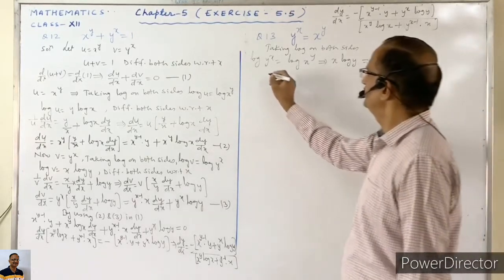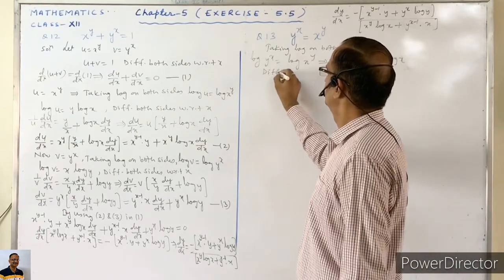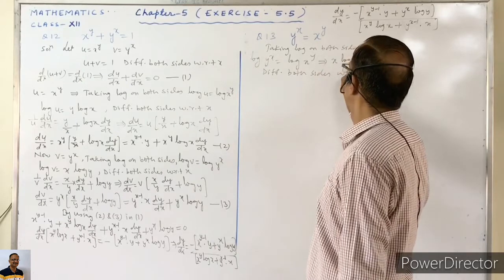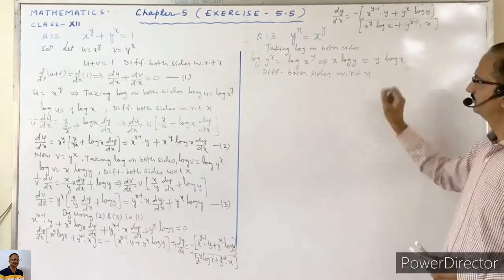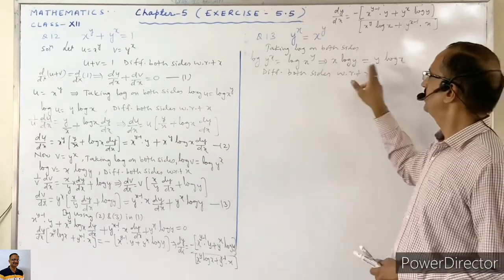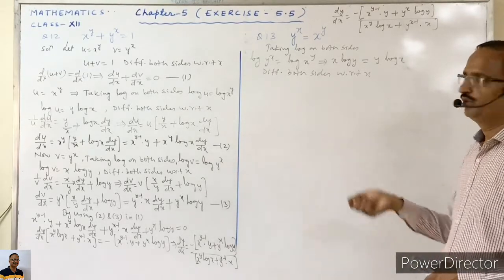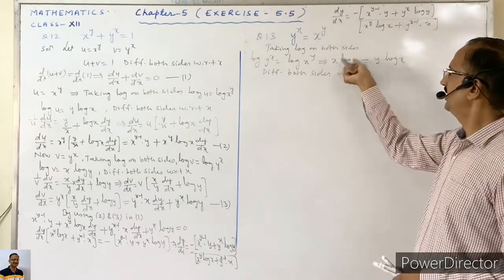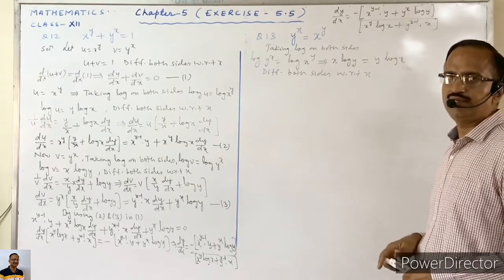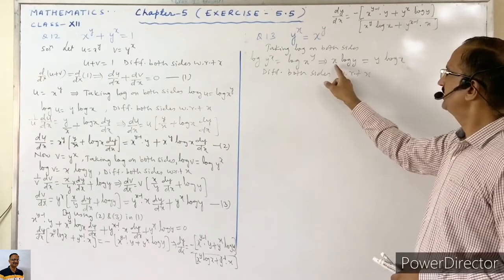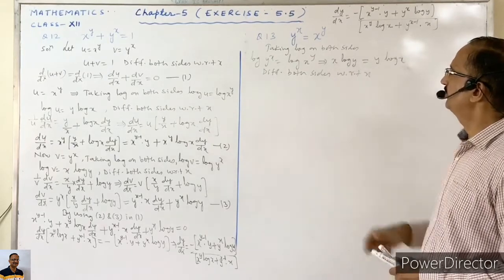Now differentiating both sides with respect to x. So on both the sides the functions are in product form. So in left hand side as well as in right hand side we will use product rule. So on left hand side these two functions are in product.